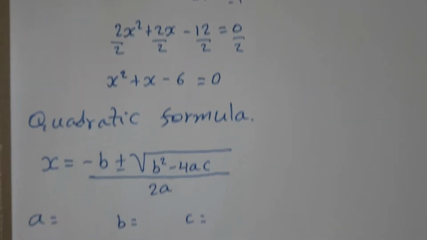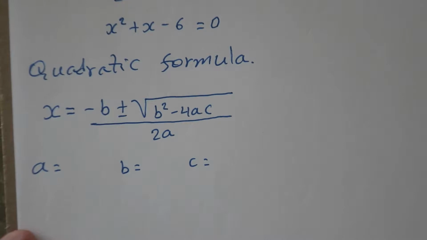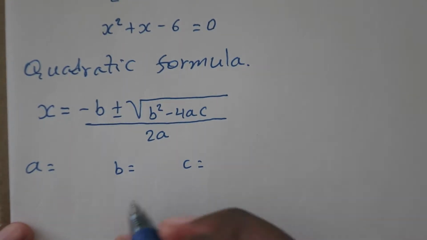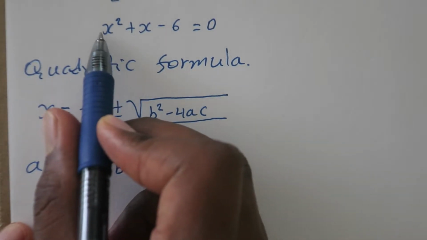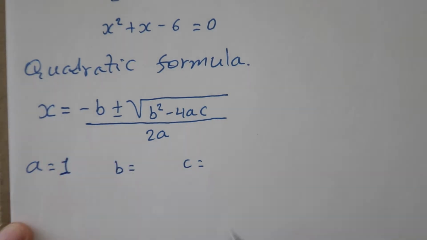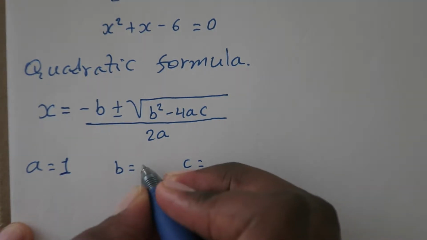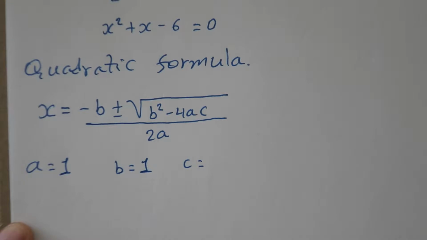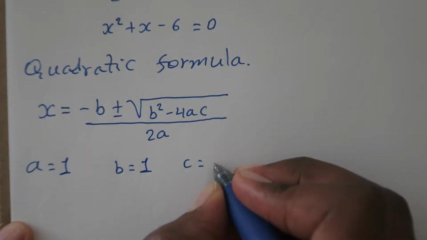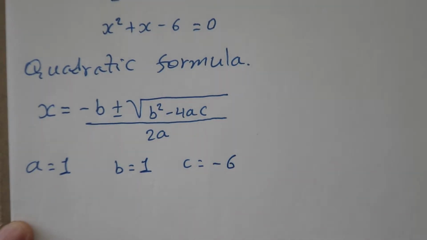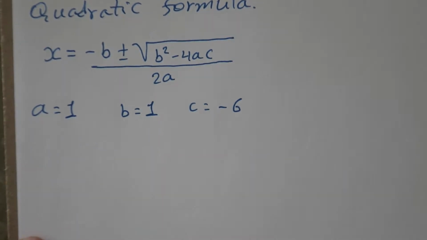So, going back right here, my a is the number that comes before x squared. In this case, there is no number here, meaning that a is equal to 1. b is the number that comes before x. In this case, again, it's positive 1. And my c term is negative 6. So once you label that, we can use the quadratic formula.